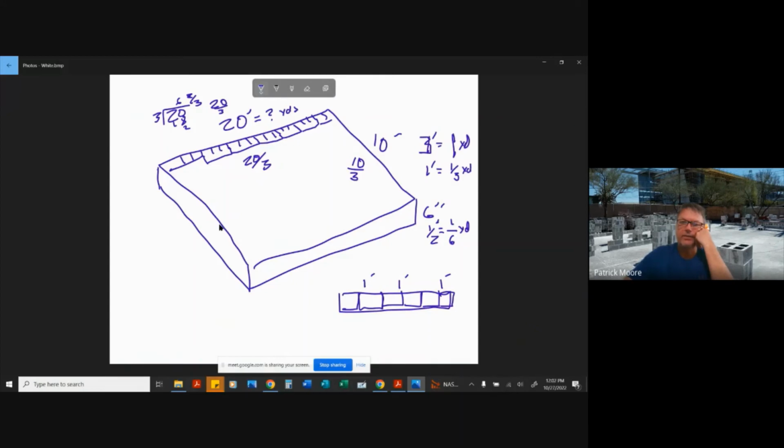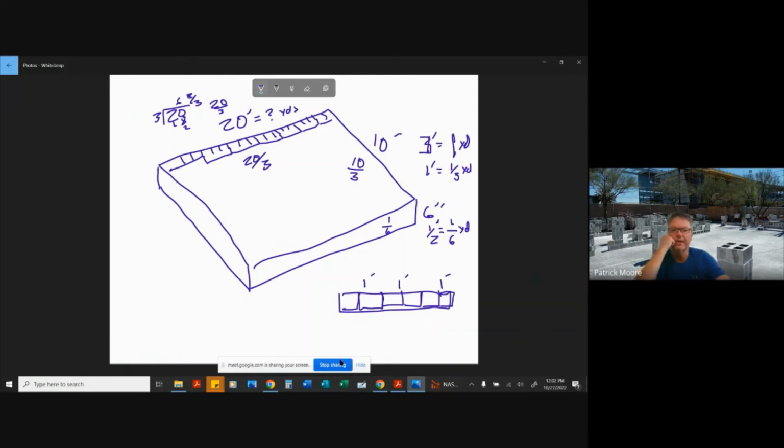And half a foot equals 1/6 of a yard. So now we have our 3 dimensions: 1/6 of a yard high or deep, 10/3 of a yard wide, and 20/3 of a yard long. If you multiply these 3 things together, you'll get how many cubic yards it is. And then you won't have to do any converting. You're already in cubic yards.